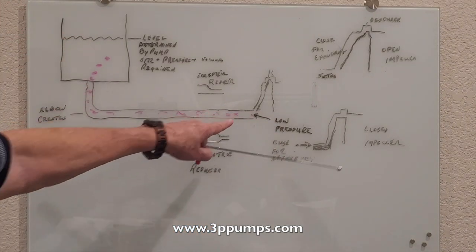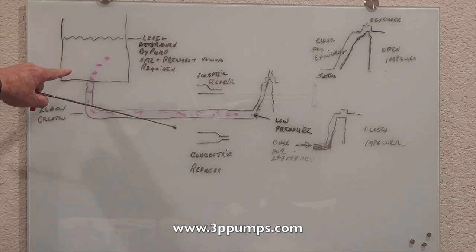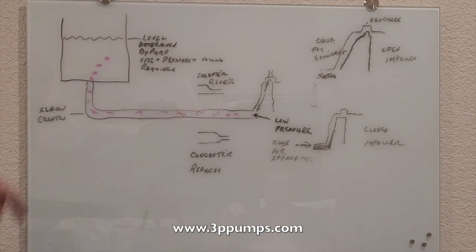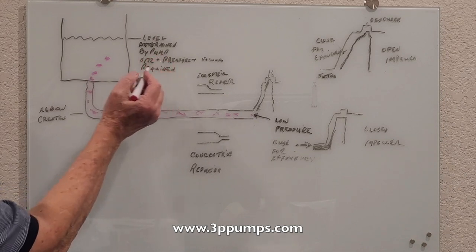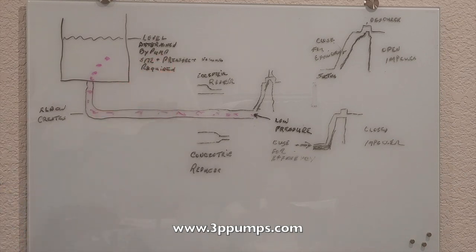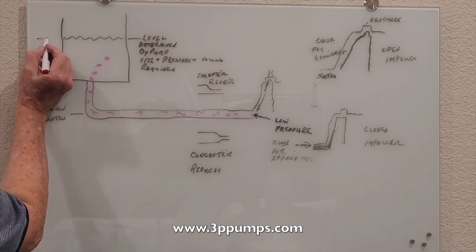Until it gets to that point, it's got atmospheric pressure, and let's call this 7 foot of water right here. That's the level determined by the pump and the size and the pressure and volume required, okay? So let's say it's 7 foot.